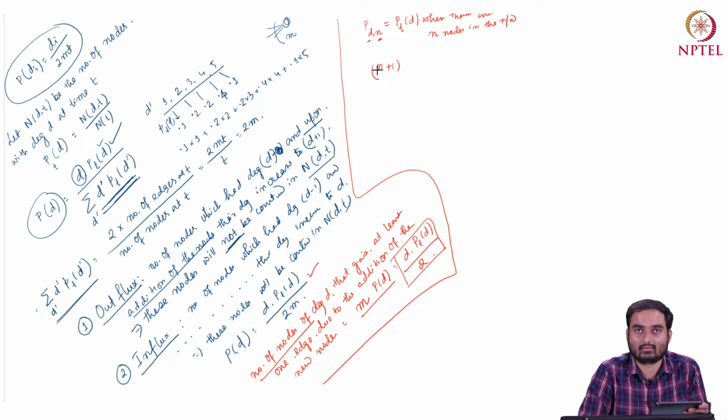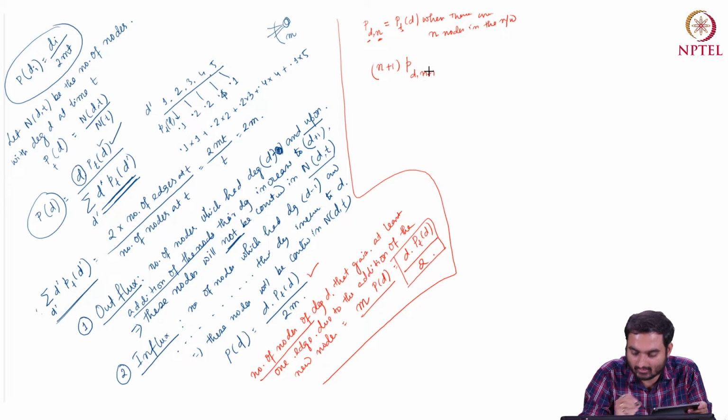So when the number of nodes is n plus 1, how many nodes are there with degree d? P of d, n plus 1 is the probability of degree d when the number of nodes is n plus 1, or it is basically a fraction. So, the fraction of nodes with degree d when the number of nodes is n plus 1.